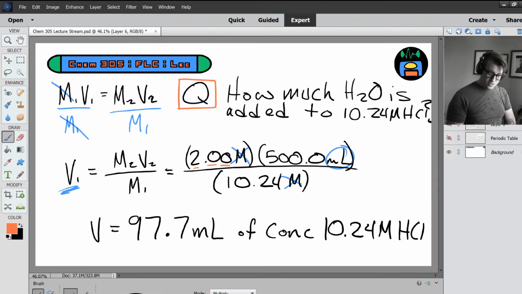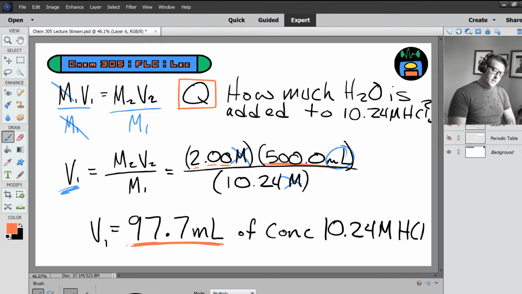Well, to answer this question, how much water is added to the concentrated hydrochloric acid, we have to use both the initial volume, which we just calculated, and the final volume to take the difference.